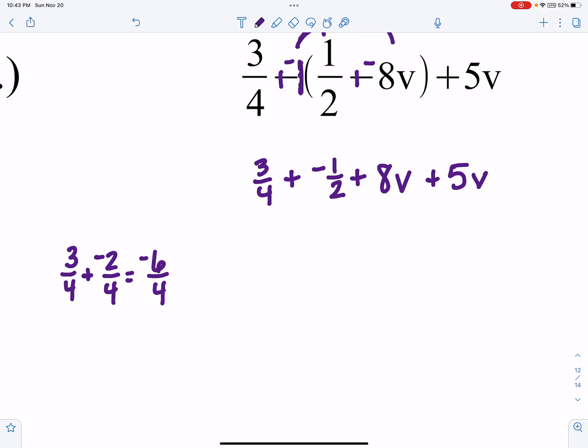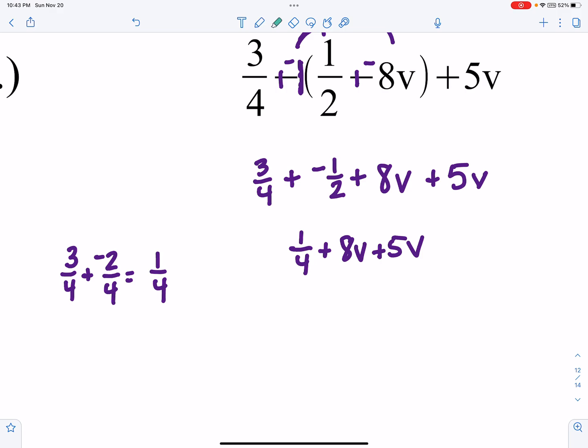And so, whoops, no, we do not. Different sign subtract. We end up with a 1/4 for that. So you got to be careful with that stuff. Okay. All right. And then we have 1/4 plus 8v plus 5v.